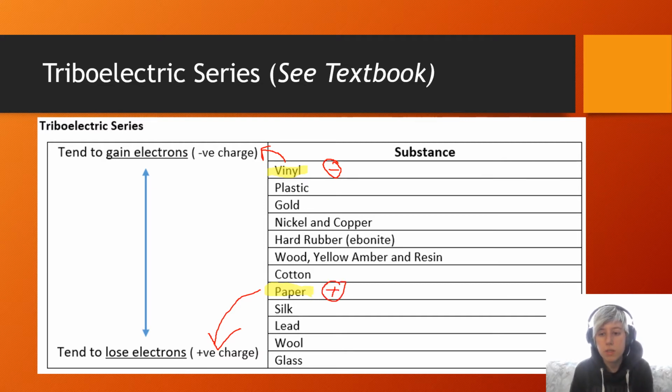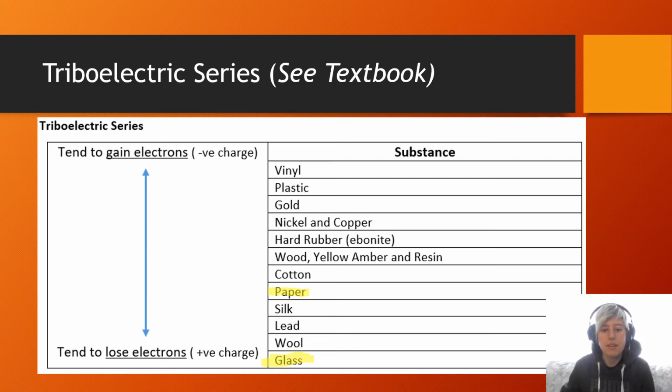What's really important with our Triboelectric Series is that which material is positive and which material is negative is situation specific. So what I mean is the following. Let's say in our next charging by friction, we rub paper with glass.